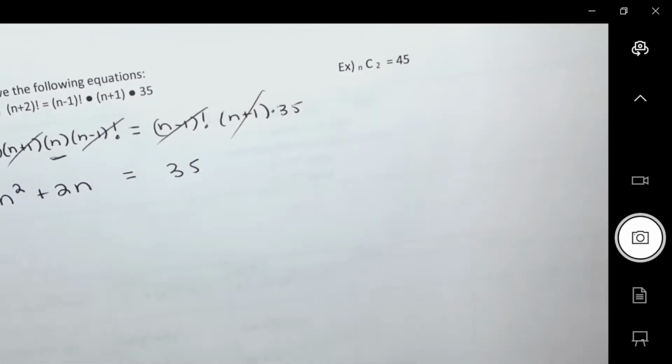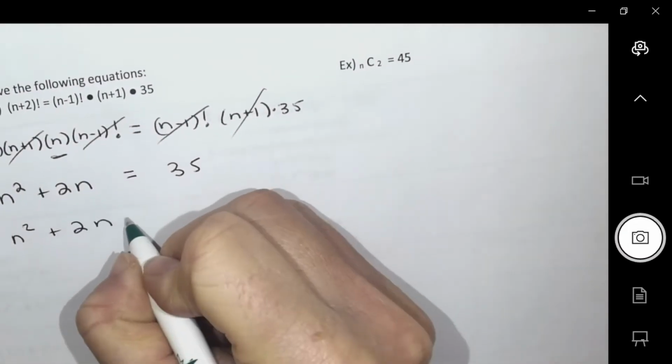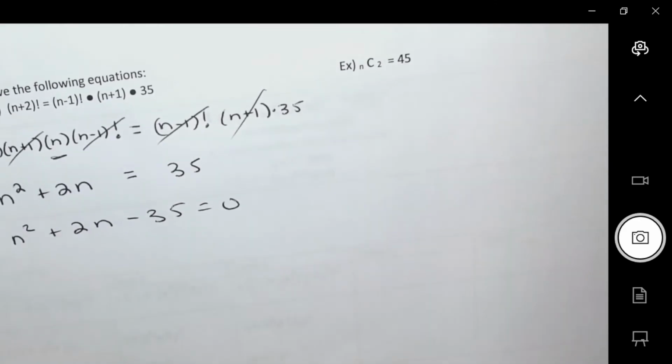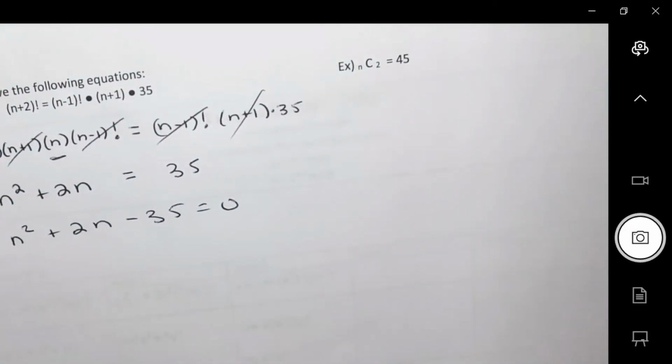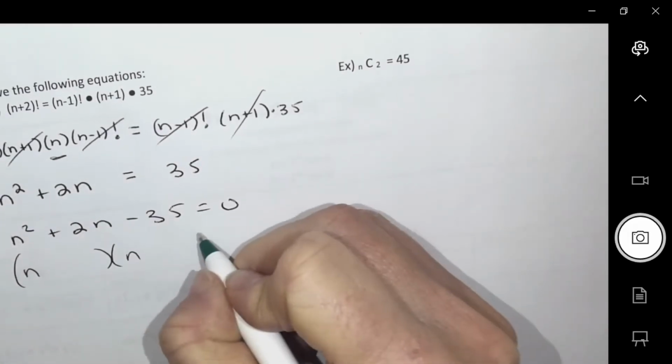And on that side, I'm left with a 35. Okay, what's the grade 11 math brain going to tell you to do? Equals 0. And then factor, right? So 7 and 5.